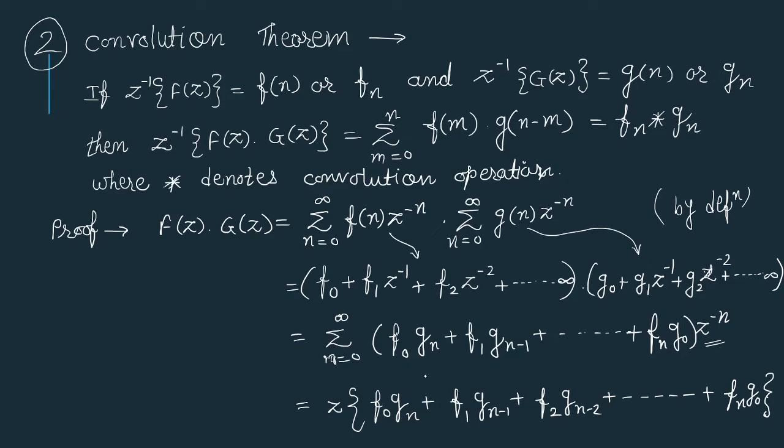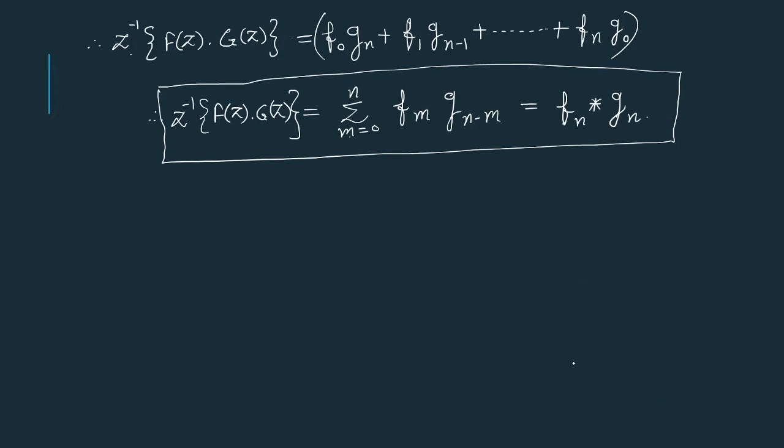In this way, we combine all the terms, give the summation, and by using the definition this is the Z transform of this term. Now this Z transform we can write as Z inverse of capital F of z into G of z equal to summation m equal to 0 to n f of m g of n minus m. This is the convolution theorem.